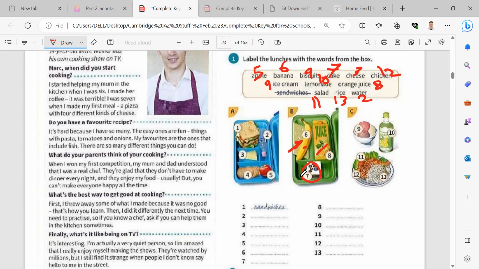Which type of sandwich? Cheeseburger, or what? Cheese with the egg and with the vegetables. And I have apple and banana with it, with the juice and butter and water. Yes, that's it. Well done, Nawaf.